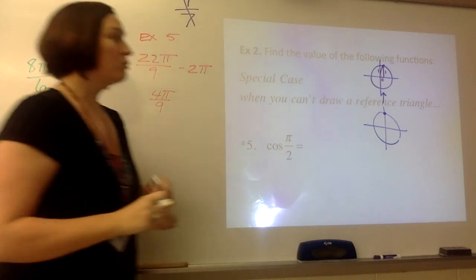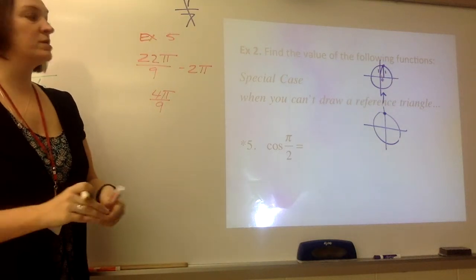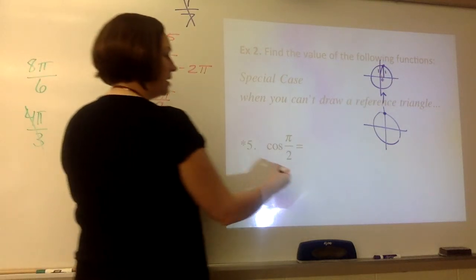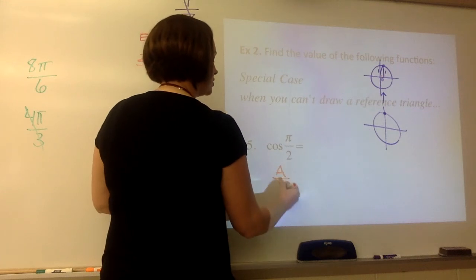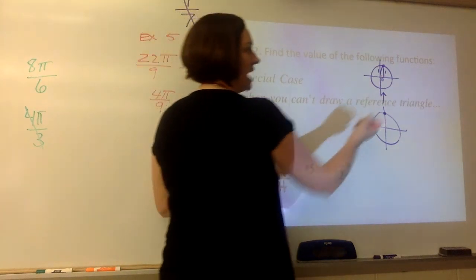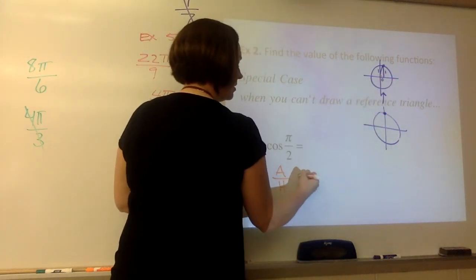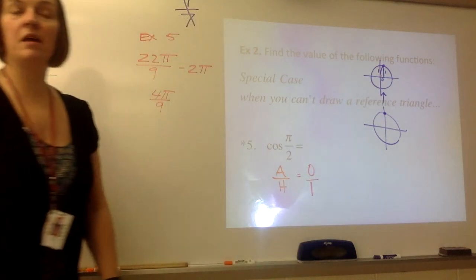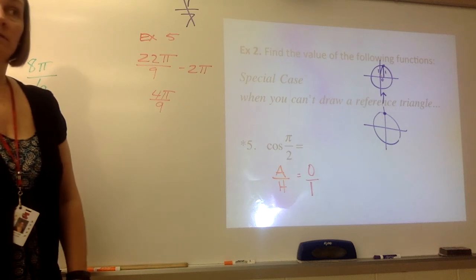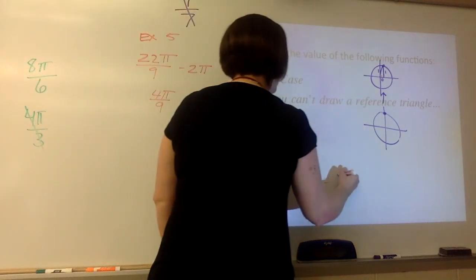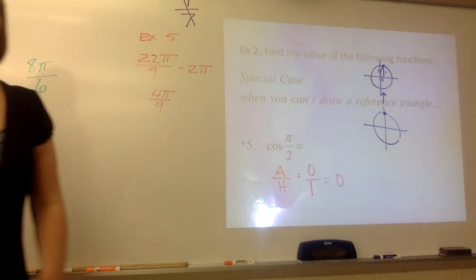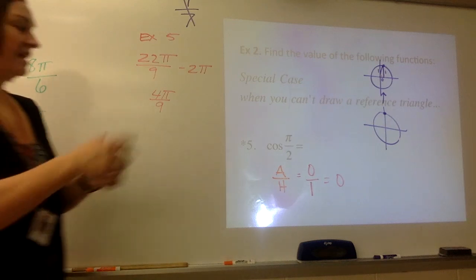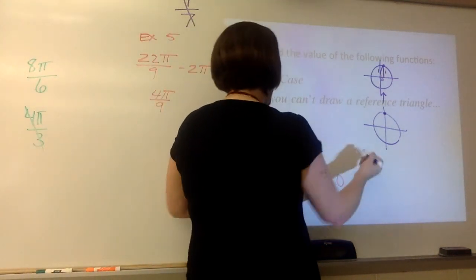The reason I want to use the reference triangle like that is, if I want cosine, cosine is a over h. So what's the adjacent side to this orange dot? 0 over the hypotenuse, which is 1. What is 0 divided by 1? 0.